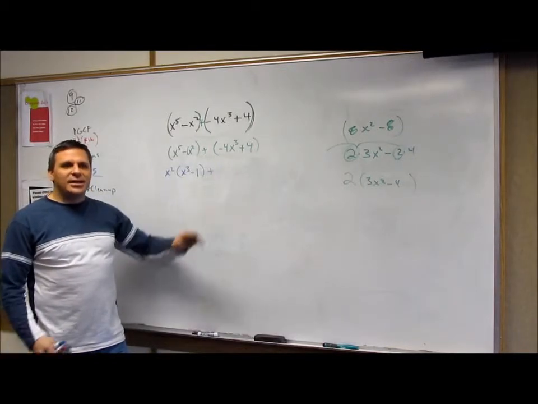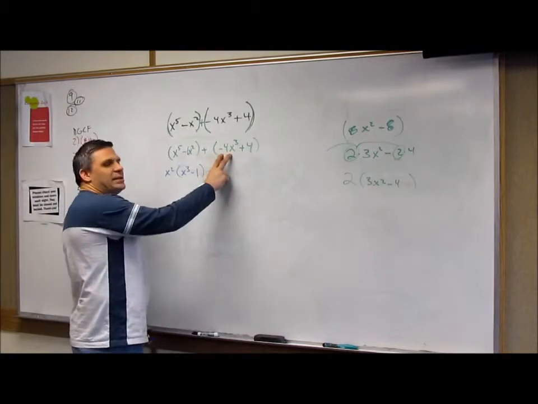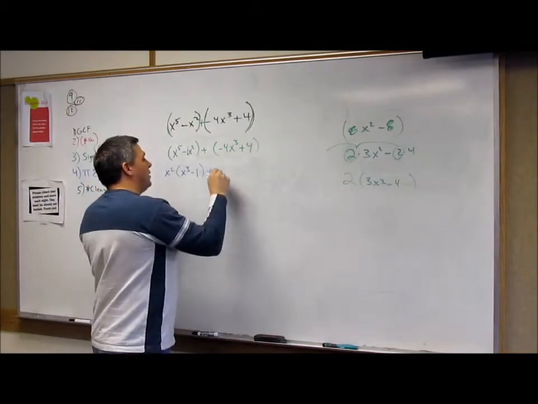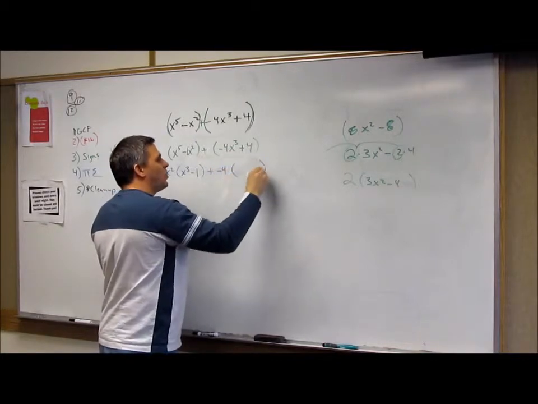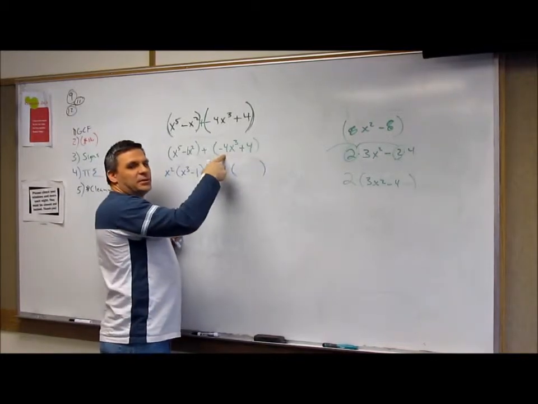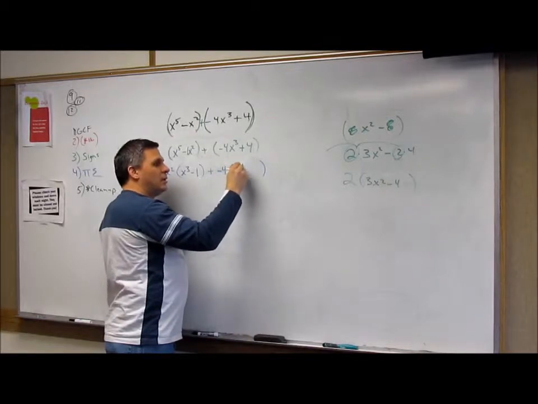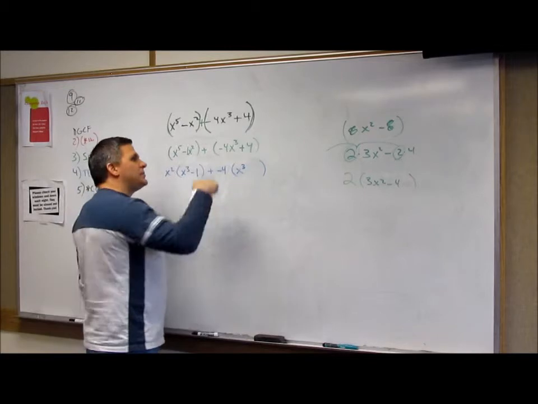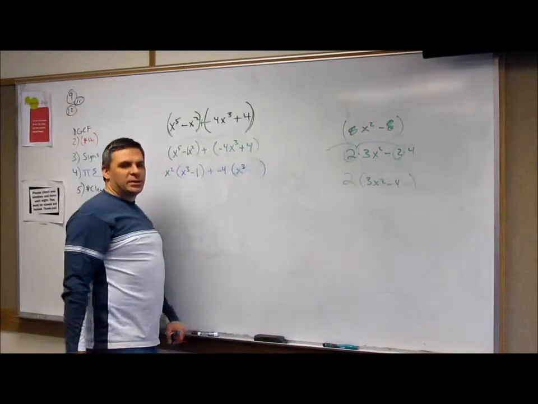How do you make it non-negative? Well, if I pull out a negative 4, think about it. Negative 4 times what is negative 4x cubed? X cubed, right? Negative 4 times what is positive 4?